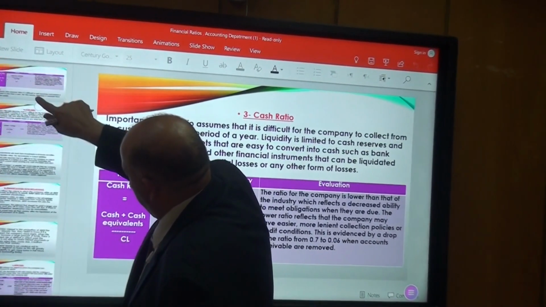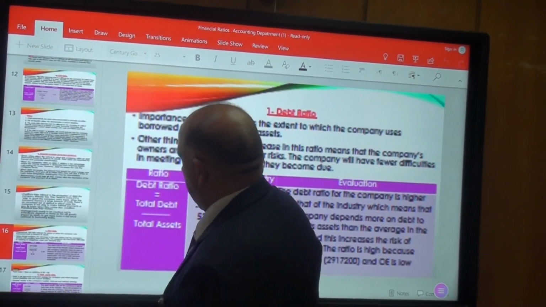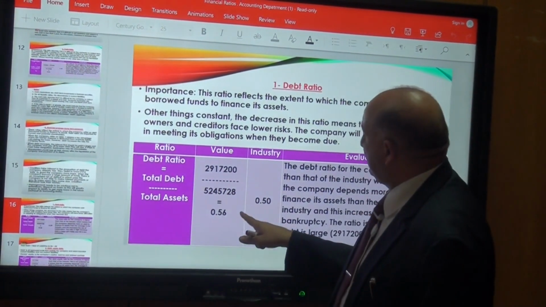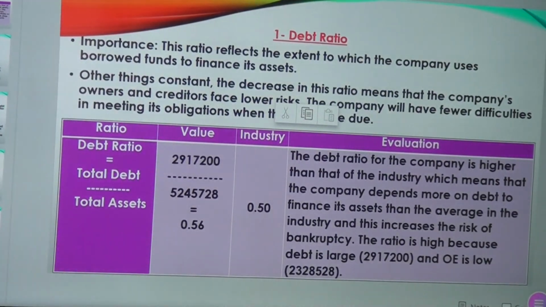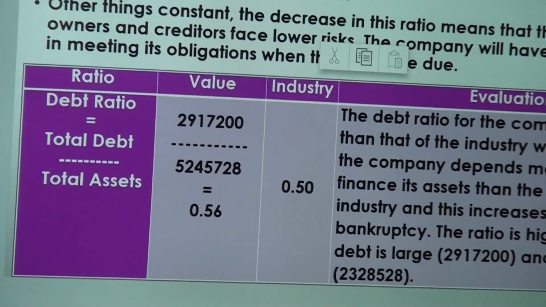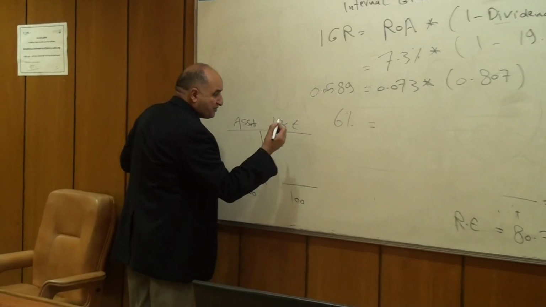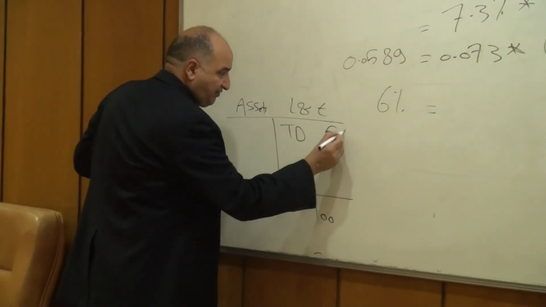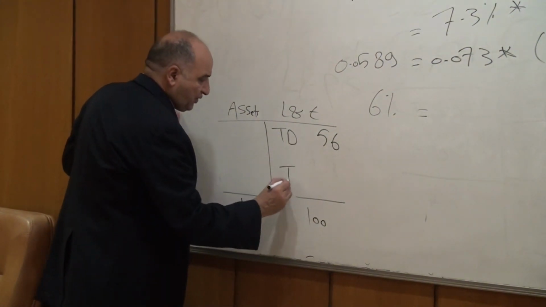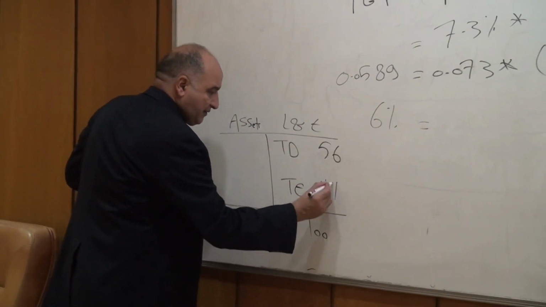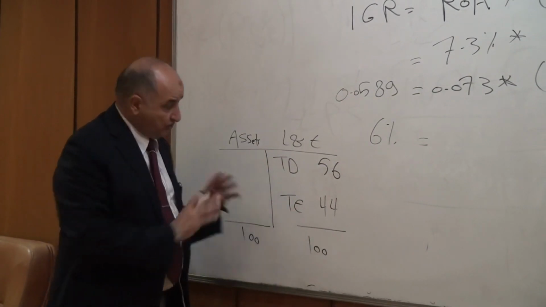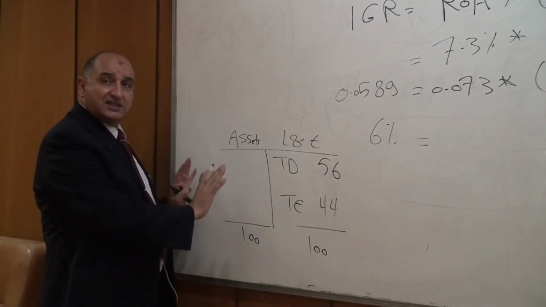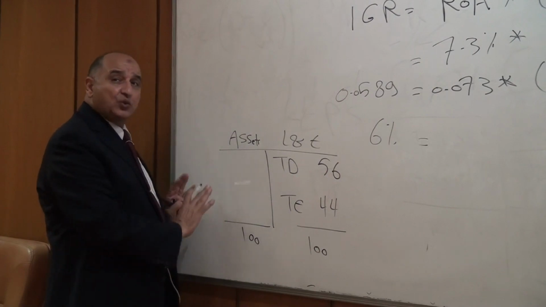Remember the total debt ratio. This asset, if it is 100, we use money from the creditor equal to 56. And for sure, in this case, the contribution from the owner will be 44.